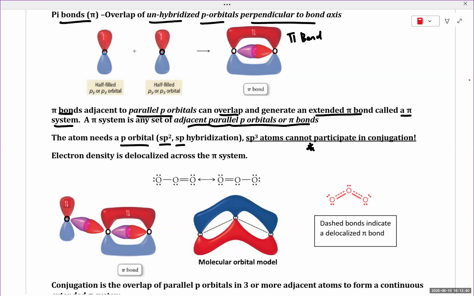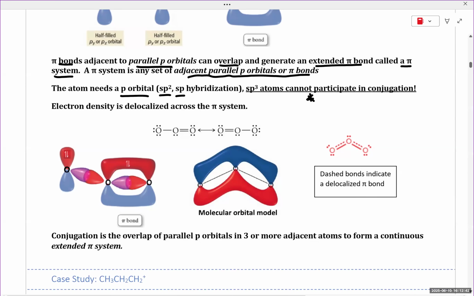Why does this occur? What's the benefit of this? Well, the electron density is delocalized across the pi system, and this has some benefits in terms of stabilizing the electrons that are participating in the pi system.